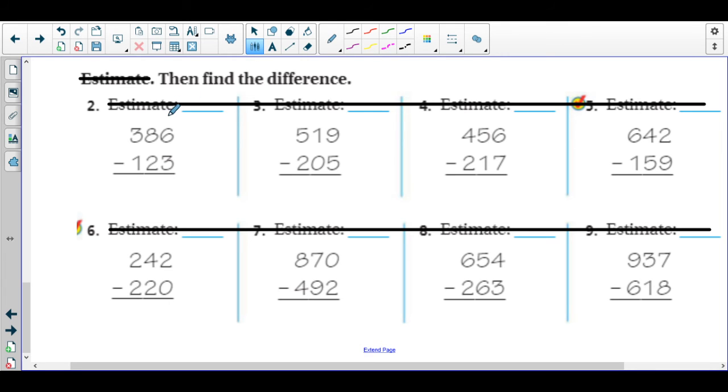So in every one of these, I'm going to ask, do I need to borrow? All right. 6 minus 3. The top number, 6, is larger than the bottom number, 3. So I do not need to borrow. 8 minus 2.